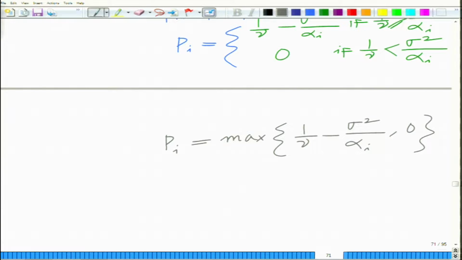If 1 over nu is less than sigma square by alpha I, then this quantity is negative, and therefore, the maximum will be 0 and the power is 0.